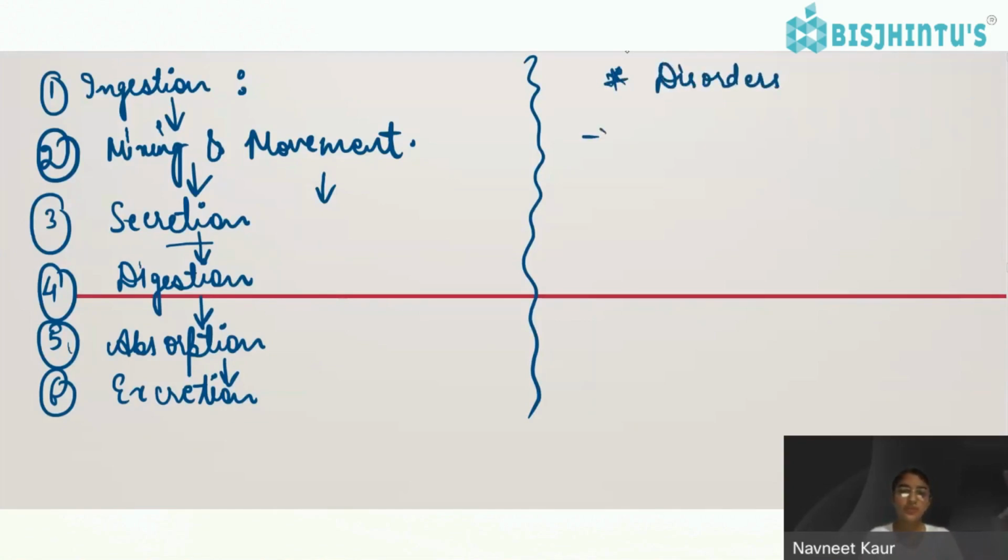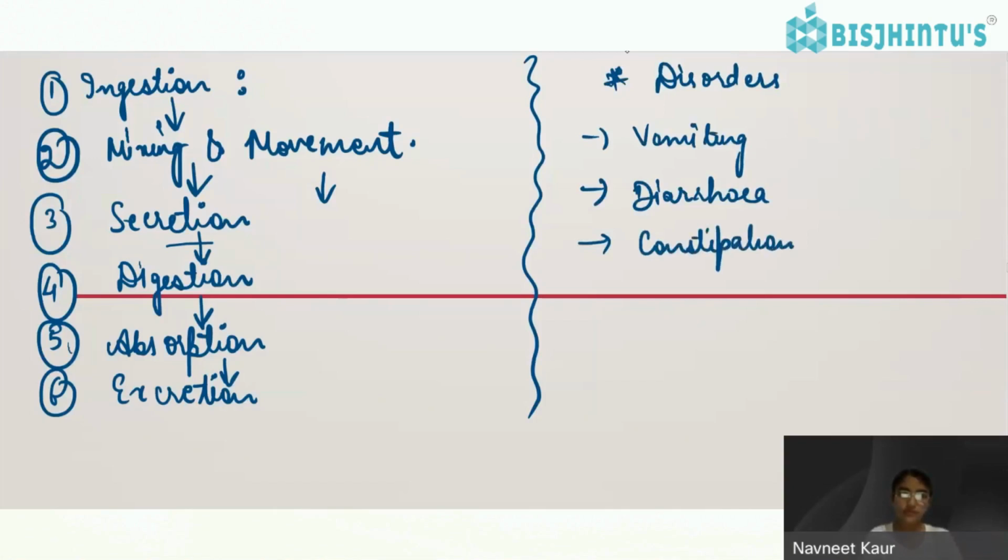Okay, so these include, first of all, vomiting. Then we have here diarrhea. The very next is constipation. Then we have indigestion.